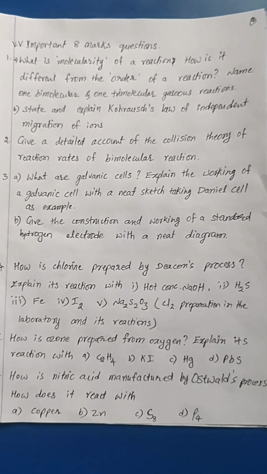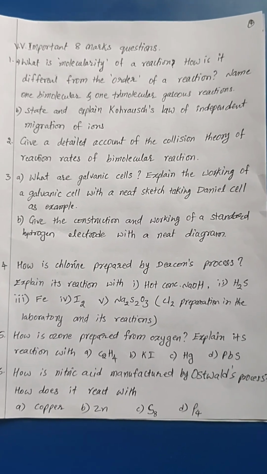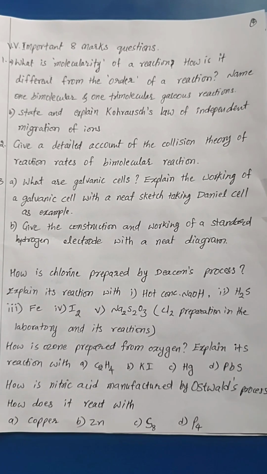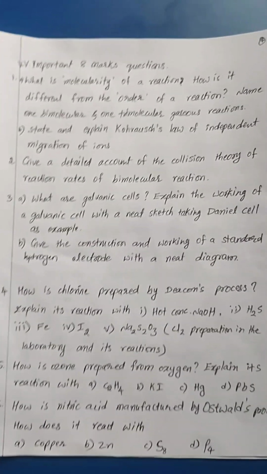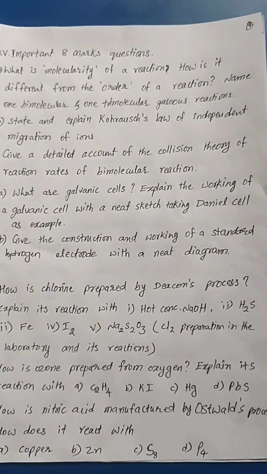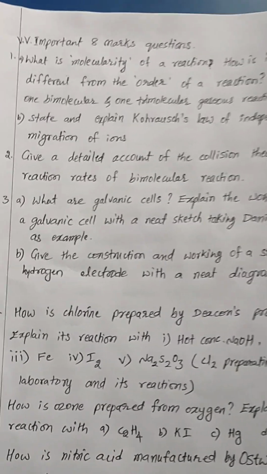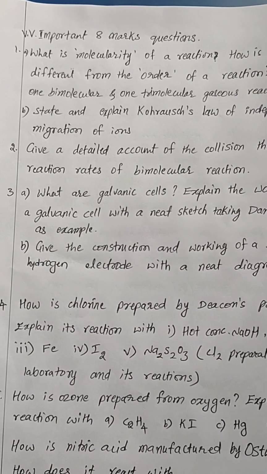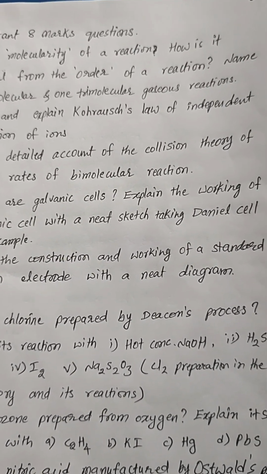From the 8 marks, we have selected 10 important questions. The first question appears from the 3rd chapter, that is electrochemistry and chemical kinetics. In this, 3 different questions may be asked. First one: what is molecularity of a reaction?